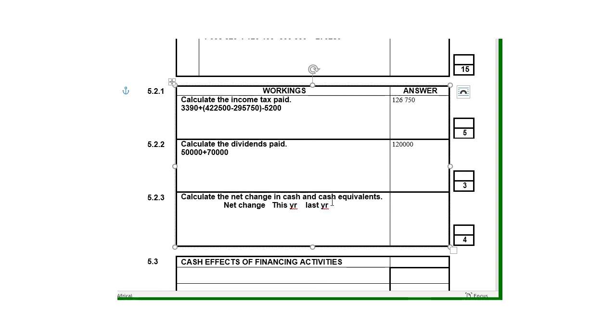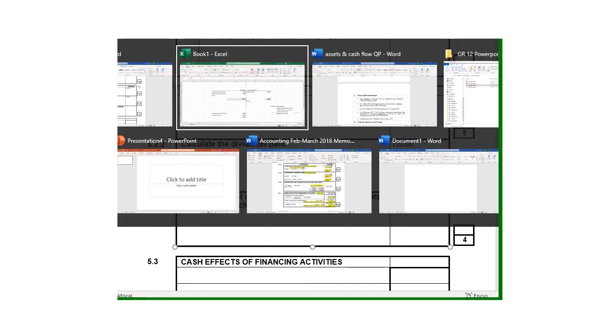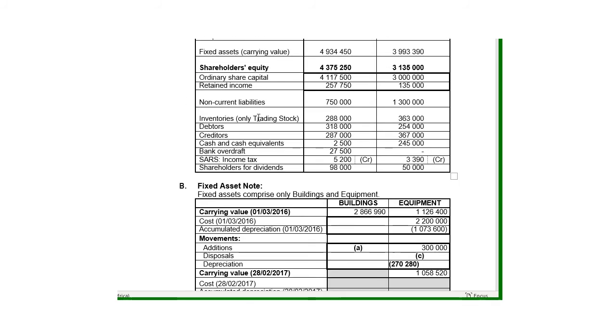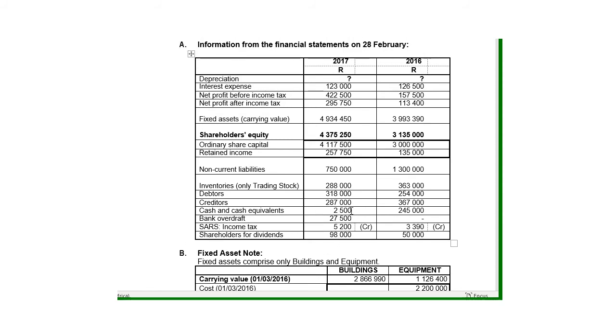It would normally have bank and cash, petty cash, cash float, whatever, but in some cases it will just have the total cash and cash equivalents. So we must look at the information that they provide us with. So let's just go and see. Now if I look there, they give me cash and cash equivalents for this year, 2,500, last year 245,000, but also always look for a bank overdraft, because last year we didn't have one, but this year it ended on an overdraft of 27,500.